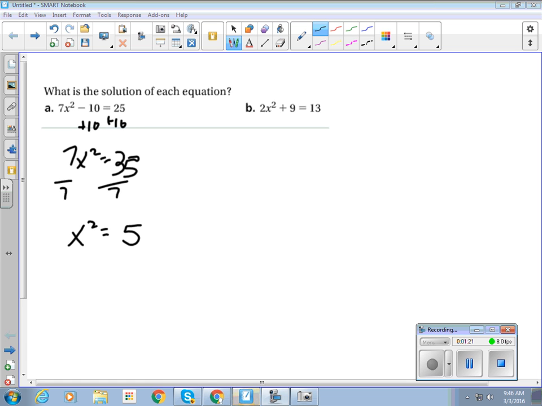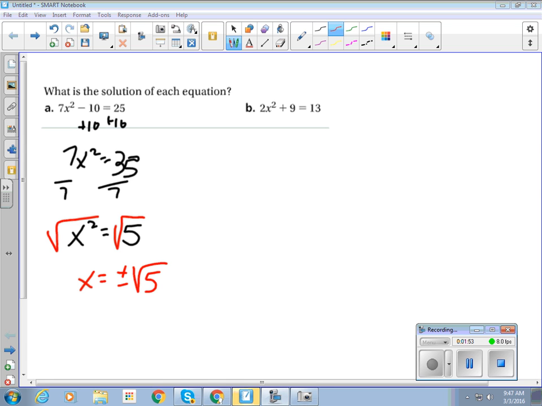The next thing I'm going to do is, to get rid of a square, we take the square root. The only thing we have to watch out for is when I take the square root of both sides, it undoes the square, but the magical property of square says when I take the square of something, it doesn't matter whether it's positive or negative.